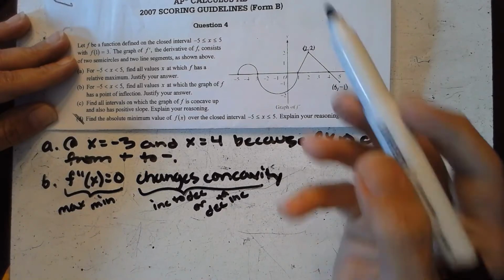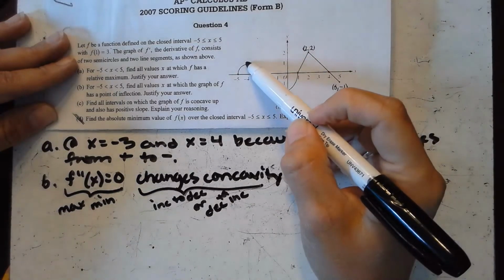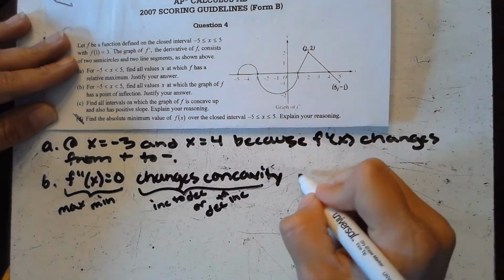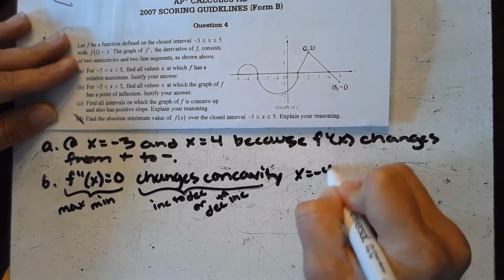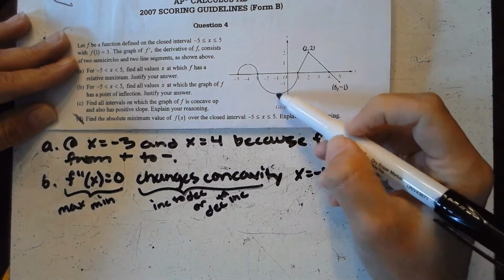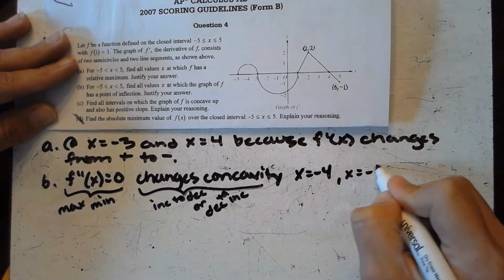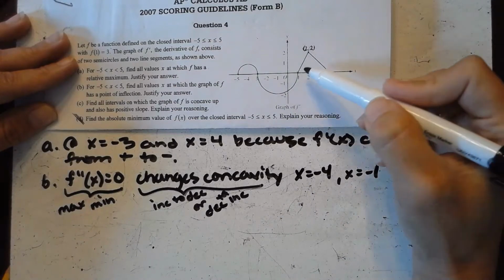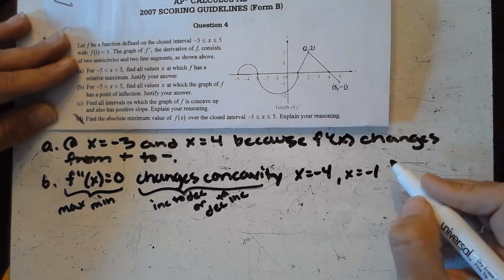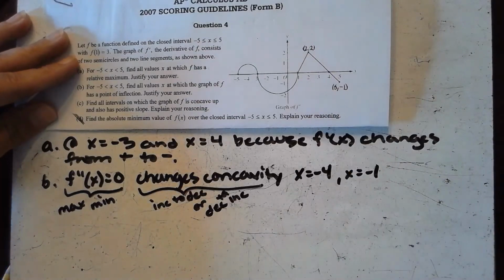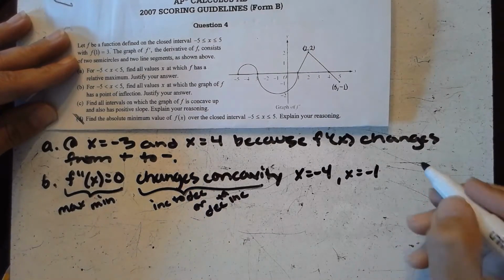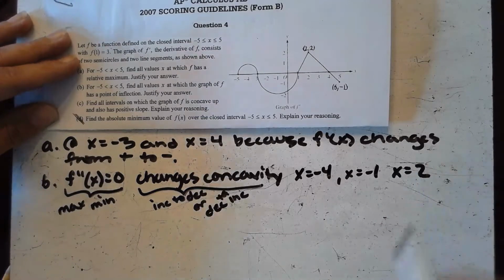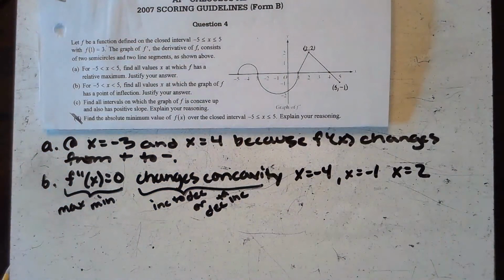And this is when it changes concavity, it's going to go from increasing to decreasing or decreasing to increasing. Okay. So where does it look like I have a max and a min? Okay, right here at x equals -4. All right, right here at x equals -1. And at x equals 2. All right, so those are going to be our points of inflection.